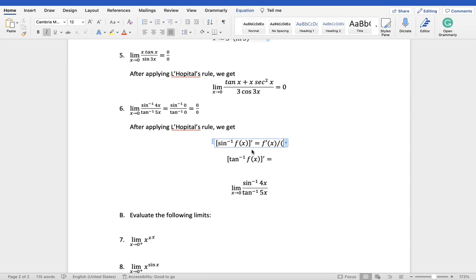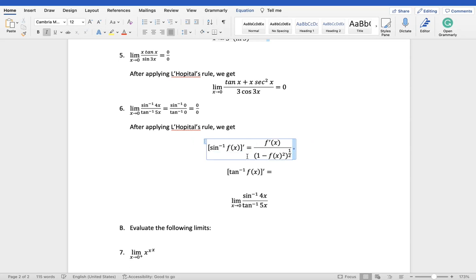The derivative of sine inverse of f of x is just f prime of x, the derivative of the function, divided by the square root of 1 minus f of x squared, which is the same as the exponent of 1/2.